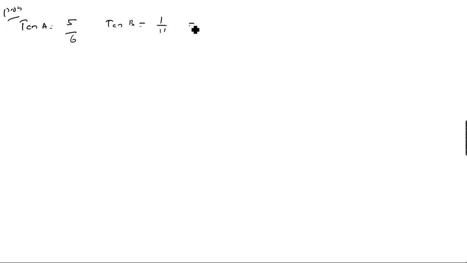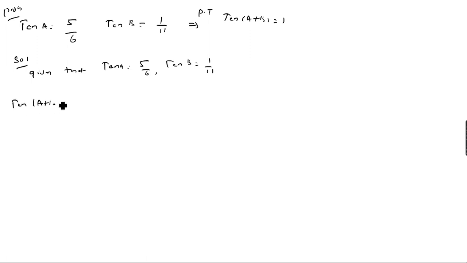We prove that tan of A plus B equals 1. So given that tan A is nothing but 5 by 6, and tan B is nothing but 1 by 11, we apply tan of A plus B, which is nothing but tan A plus tan B by 1 minus tan A tan B.